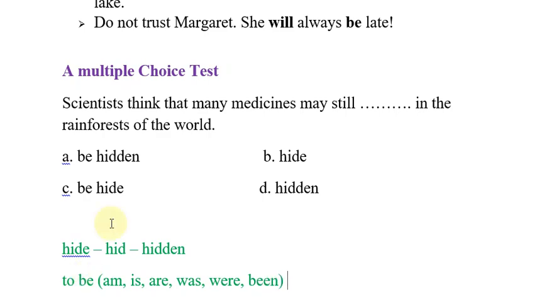So far, we learned that after may, if we want to use the base form of the verb to be, we need to use these forms. That is, let me put the word be here, be family. After may, we say be. We don't say may is. We don't say may are. We don't say may was. May be. Okay? Good.